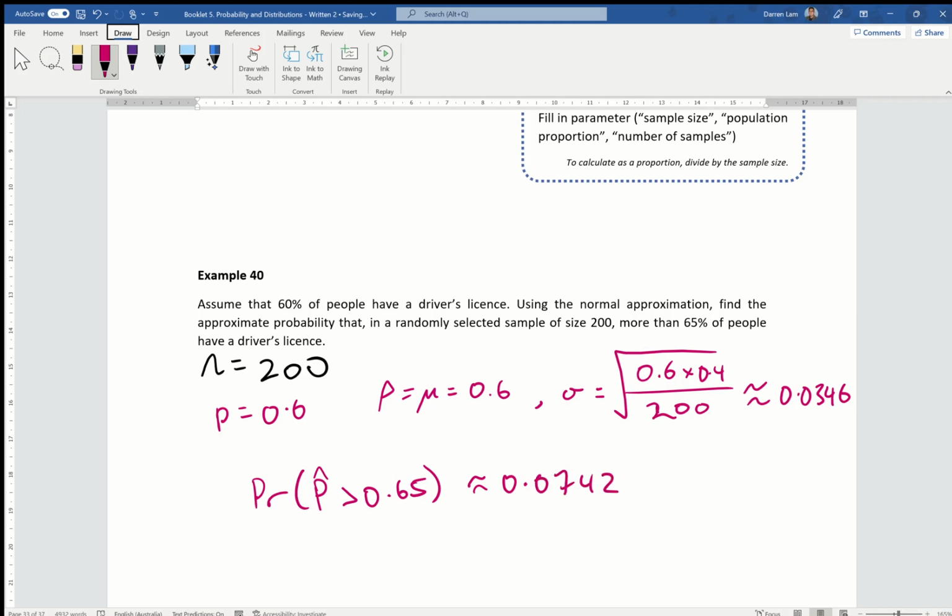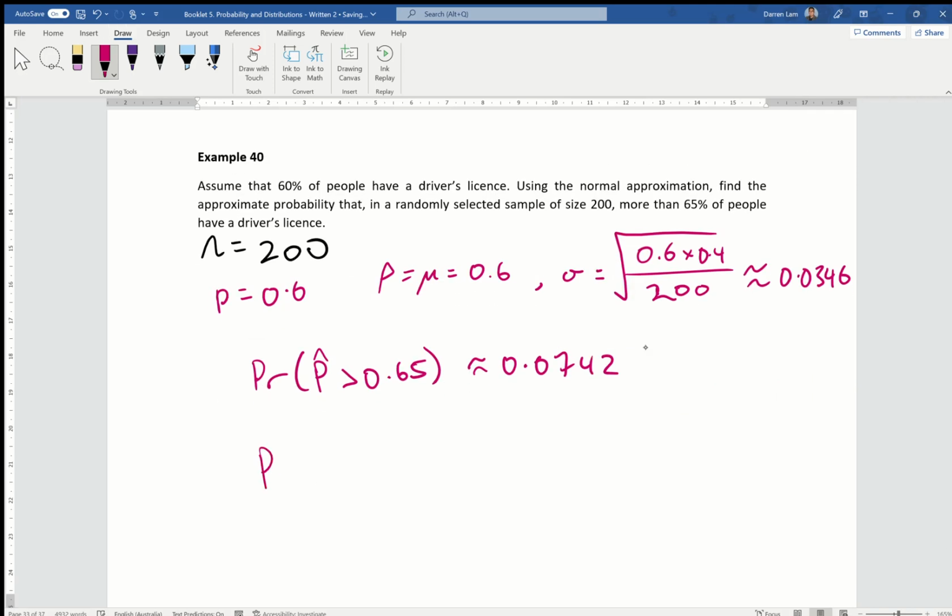Alternatively, we could also change this to the probability of x being greater than 0.65 times our sample size. So instead of looking at the proportion, we're saying how many people in that sample of 200 are going to have a driver's license.